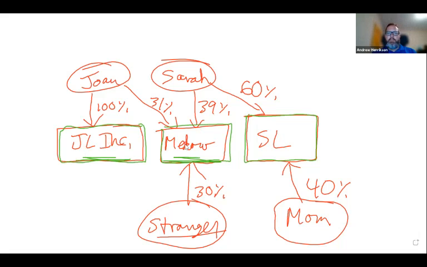So JL and Meadow are associated for the exact same reason that SL and Meadow are associated, which falls under D. Now, based on JL being associated with Meadow and SL being associated with Meadow, then technically speaking, under 256.2, they are all associated, meaning JL and SL are also associated.